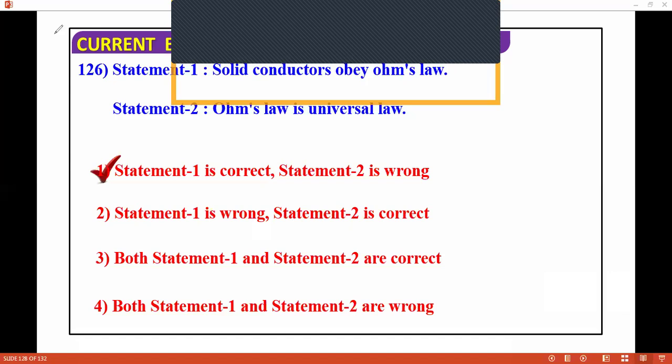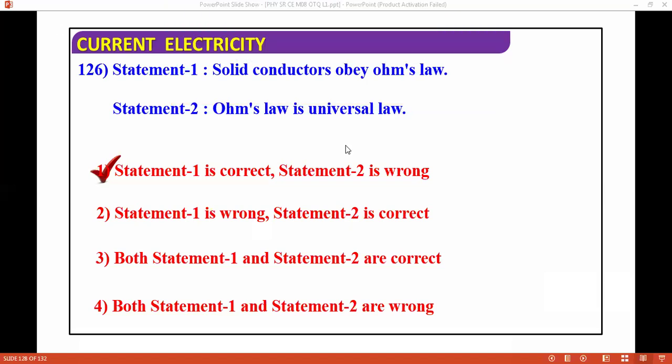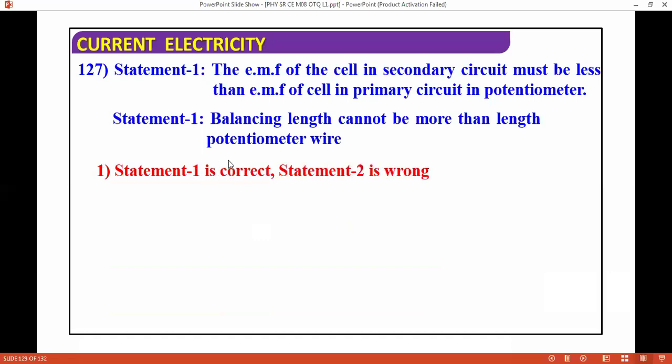Next question. The EMF of the cell in the secondary circuit must be less than the EMF of the cell in the primary circuit. The balancing length cannot be more than the length of the potentiometer wire.